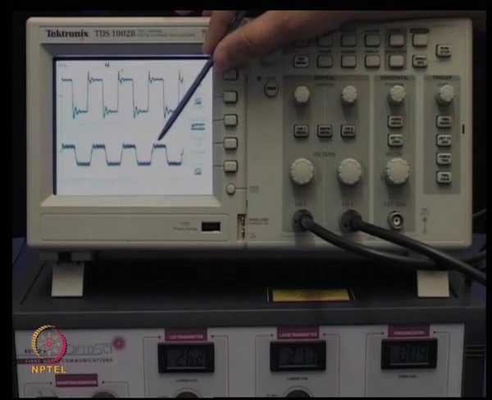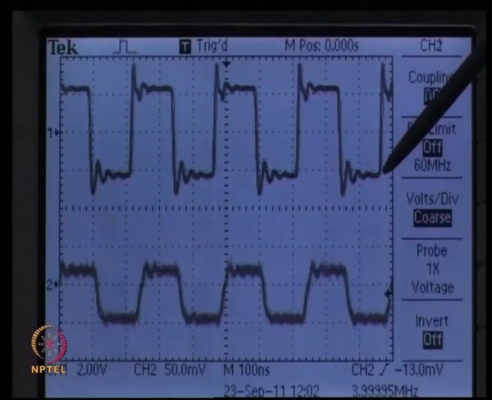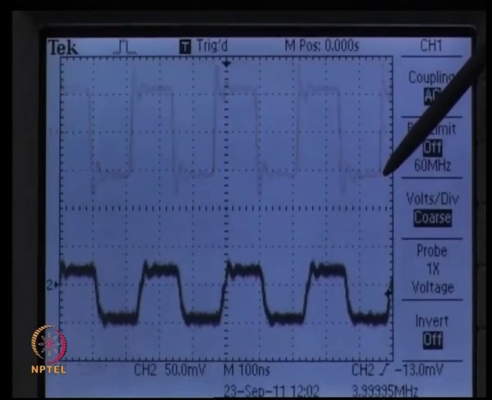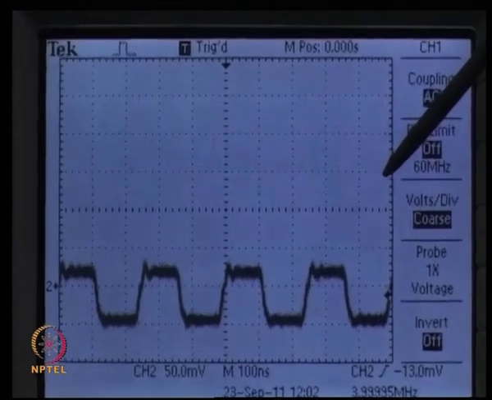Here we will first estimate the rise time of a laser transmitter. You can clearly see the rise time of the received signal is higher.